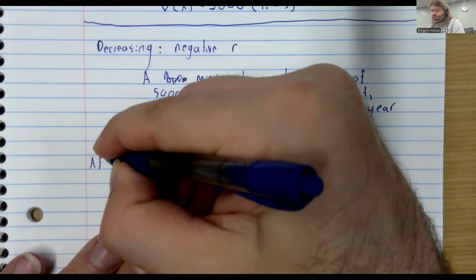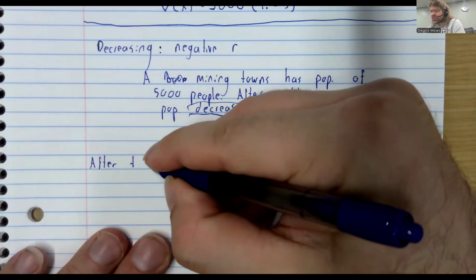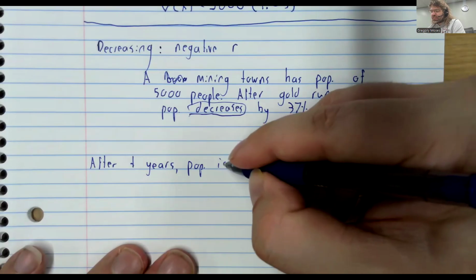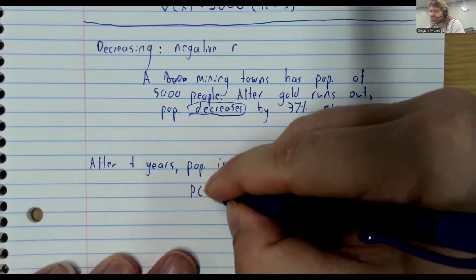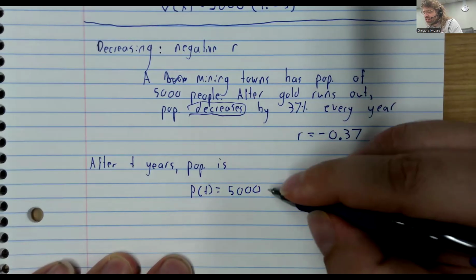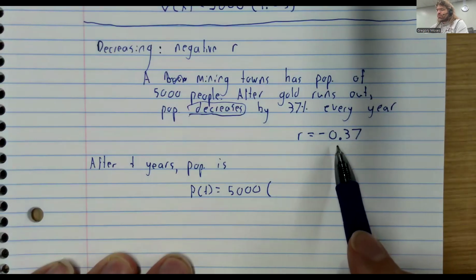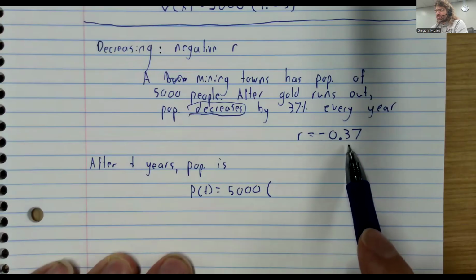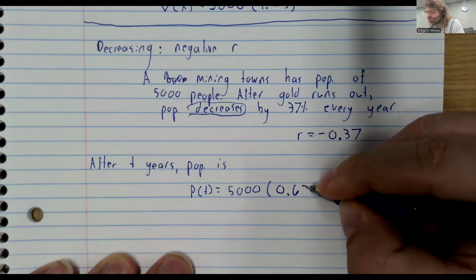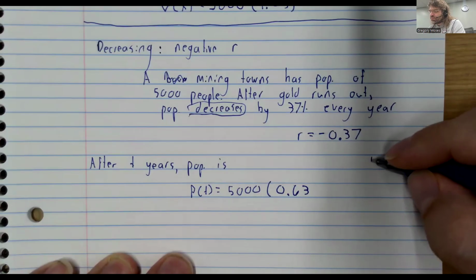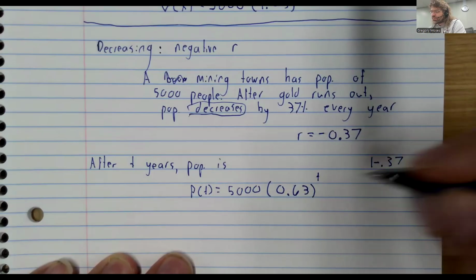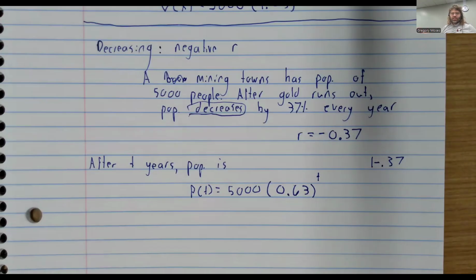And after t years, the population is P of t equals the initial quantity, 5,000, times 1 plus a negative 0.37 is 0.63 raised to the power of t.